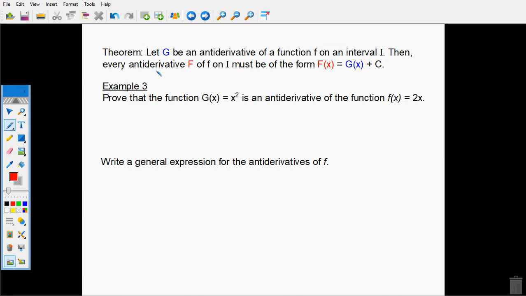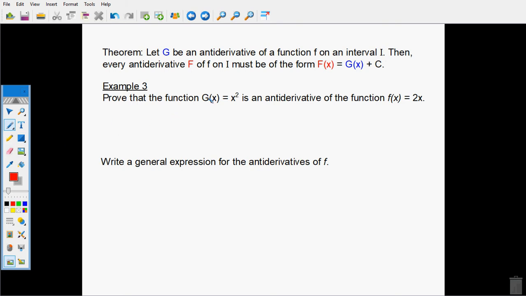Then every antiderivative F of f on I must be of this form. All that means is that we have some original function and there's a constant on the outside. Now that constant might be 0, so don't let that bother you, but we can always assume that there's some constant on top of our original function that we need to consider.